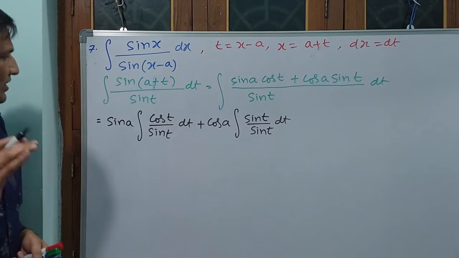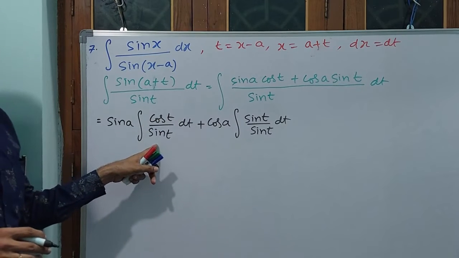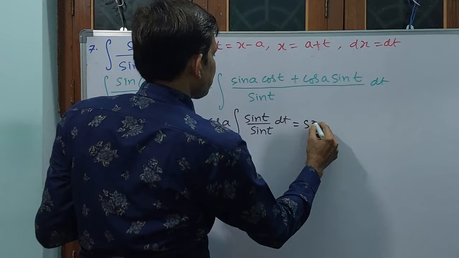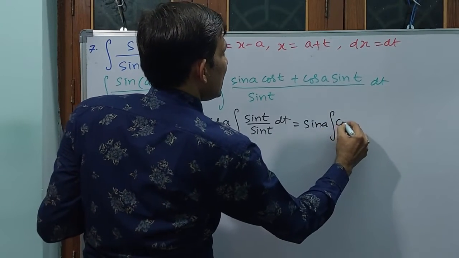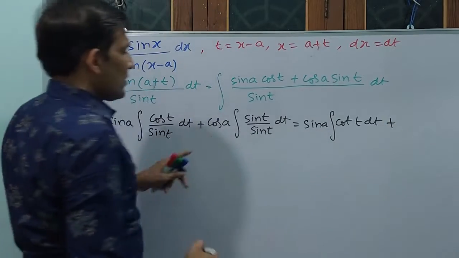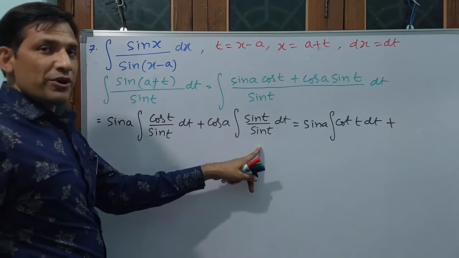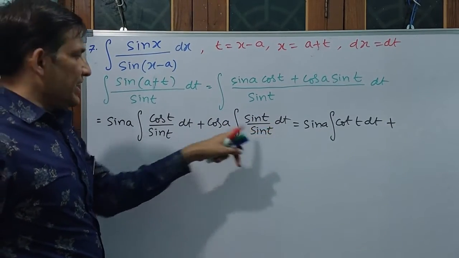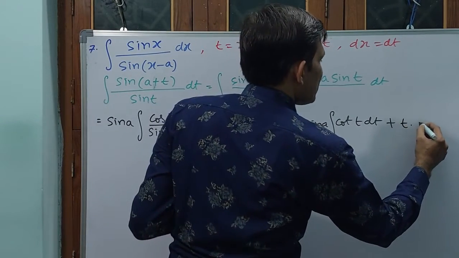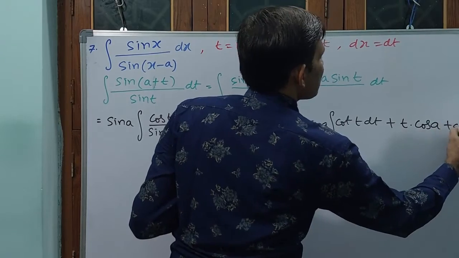First, see: cos t by sin t is going to give cot t. Write down sin a integral cot t dt plus, see, sin by sin is going to get cancelled. Integral dt is t. T cos a, shall I write? Cos a into t, both are the same, but I will write only t cos a. T cos a plus c.